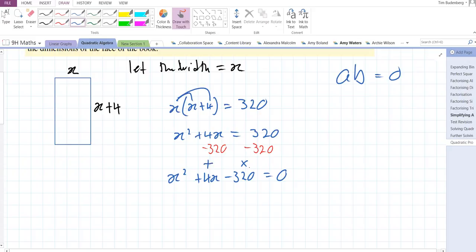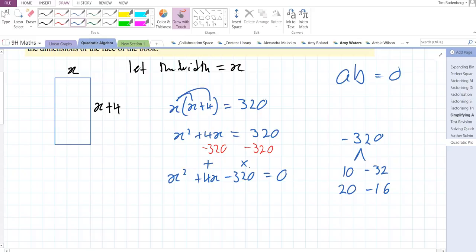Now, you're welcome to reach for your calculator here, but let's see if we can do it without a calculator. Factors of minus 320. Well, clearly there's one possibility with 10 and minus 32, but there's no way I can combine 10 and 32 to get a 4. One trick of finding factors is if I halve one number, say I halve minus 32 to minus 16, I can double the other, and that will also be a factor.